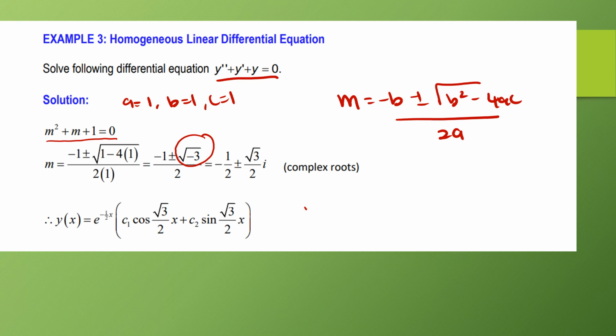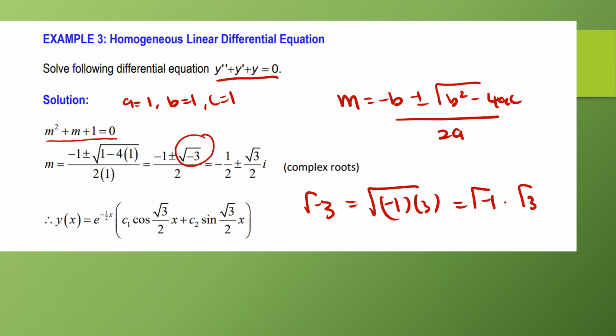This square root of negative 3, we can factorize it. Then we have the square root of negative 1 times 3, which is also equivalent with square root of negative 1 times square root of 3.